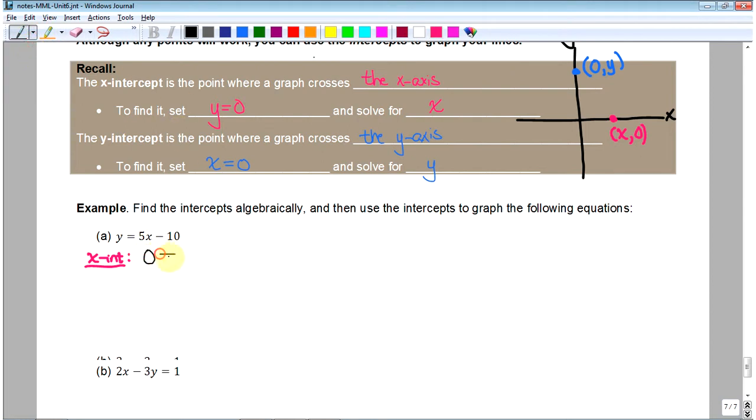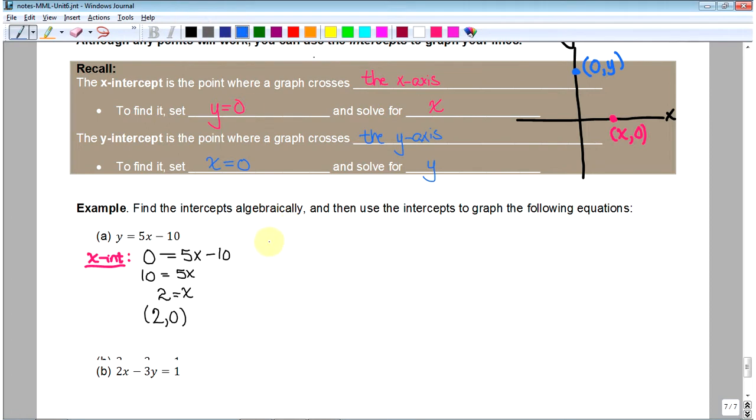So we have 0 is equal to 5x minus 10. I'm going to add 10 to both sides. So we have 10 is equal to 5x. Divide both sides by 5, and we get that x is equal to 2. So my x-intercept is the point 2, 0.